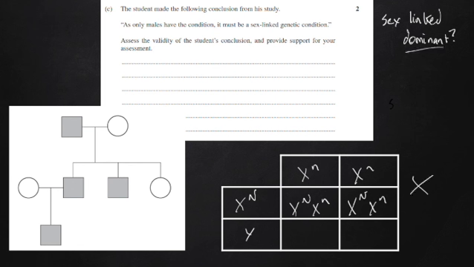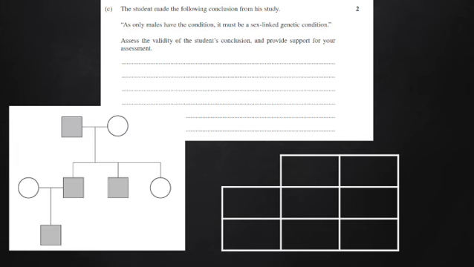So okay, well maybe he's talking about sex-linked recessive. Let's have a look. If it's sex-linked recessive and the father has it, he should be X, n, Y. The mother doesn't have it, so let's just say that she's capital N, lowercase n. We'll see what this looks like. So we would have a daughter.